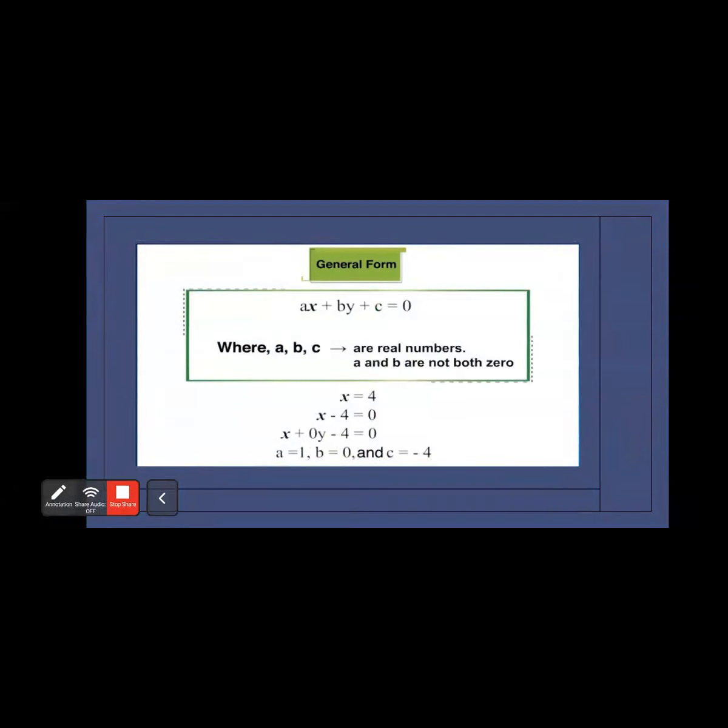Along with the general form, I have taken one example below so that you can correlate with the general form. Here x is equal to 4. If I bring the 4 over here, it will be x minus 4 equals 0.